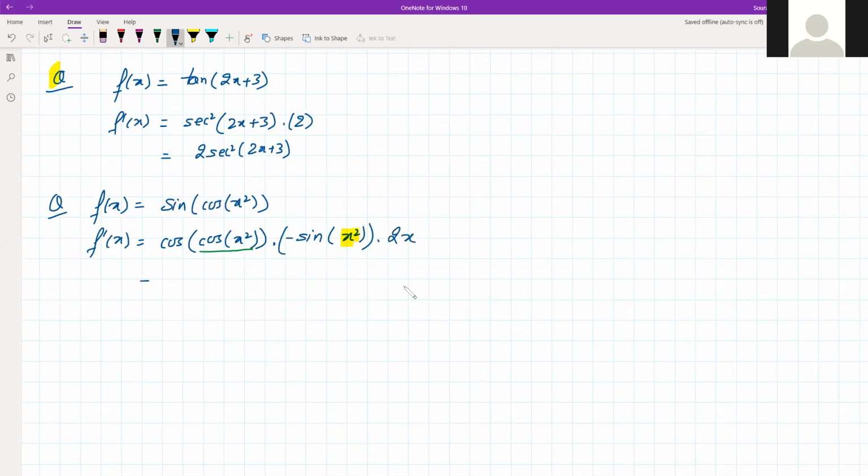So now what is our answer? Our answer is 2x, and there is a negative sign, so to take that as well, minus 2x into sine of x square into cos of x square. So that is the differentiation, that is minus 2x sine x square into cos of x square.